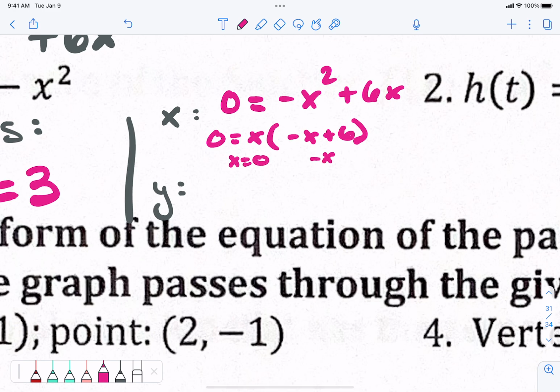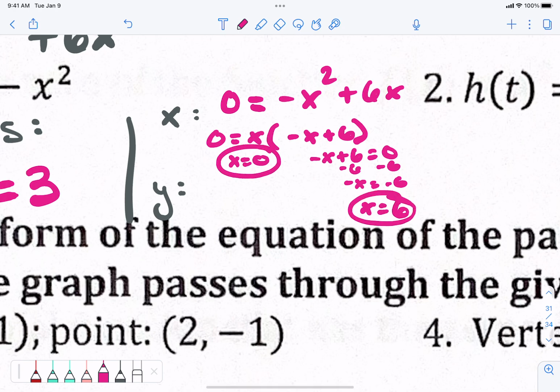If I set negative x plus 6 equal to 0, I subtract the 6, negative x equals negative 6, and divide by negative, so x equals 6. Another way is a simple trinomial: what multiplies to give you 0 but adds to give you 6? 6 and 0. That makes sense.